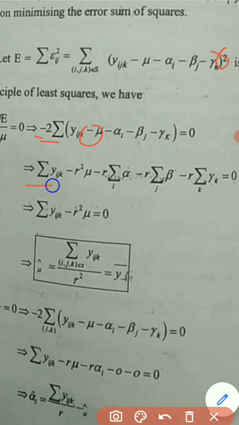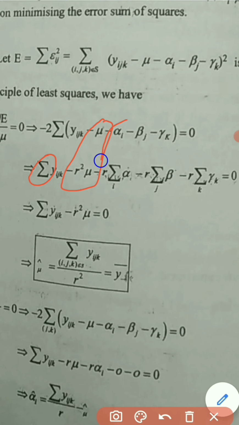Then again put the summation over all of this. It is a summation over ijk, student. If it is a summation over ijk, it will be r square. That's why, students, in place of the summation we are writing r square.